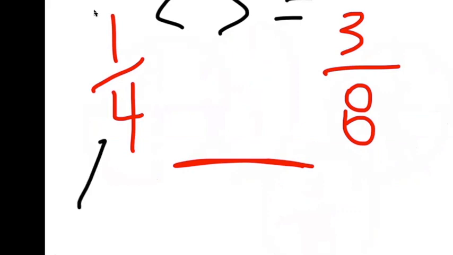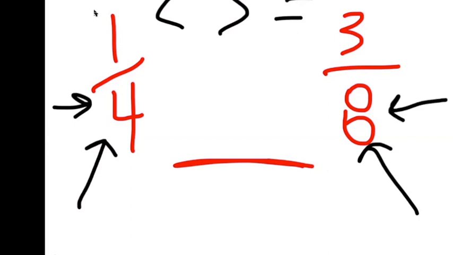Remember, the denominator tells me how many pieces I'm talking about. So right here, sorry, I was pointing and I realized you guys can't see my pointing. Right here, I'm talking about 4 pieces. And over here, I'm talking about 8 pieces. Are those equal? No, those aren't equal, right? 4 and 8 are different numbers, so they're not equal pieces.